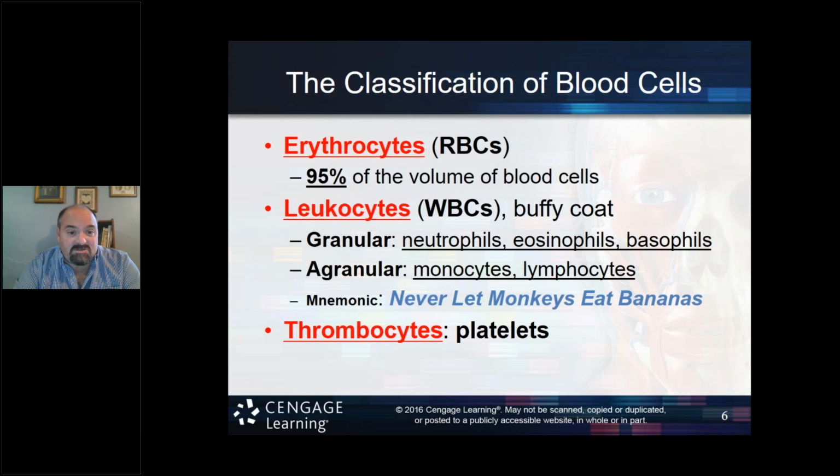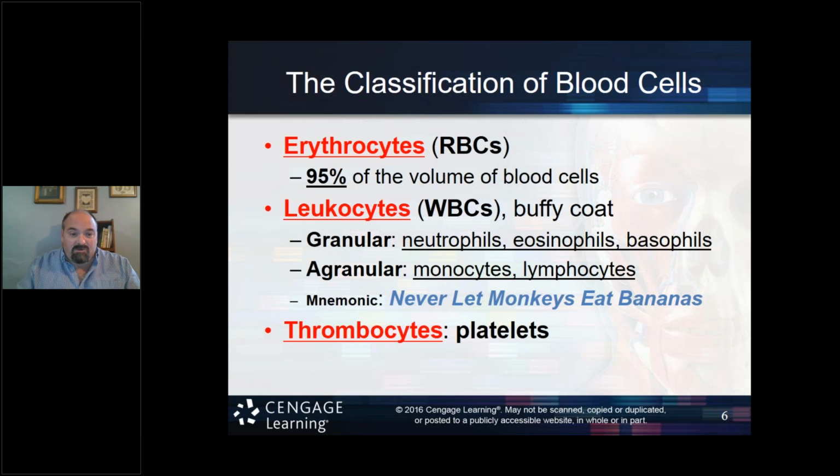Now, these are the leukocytes, the white blood cells, a small percentage, folks. There are granular and agranular leukocytes, and know that these are terms that were used early on in microscopy.